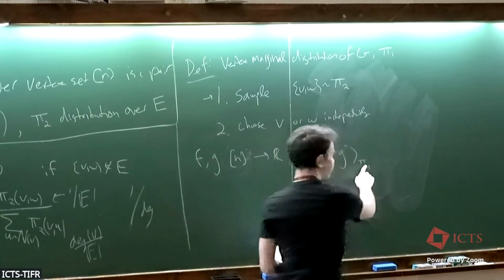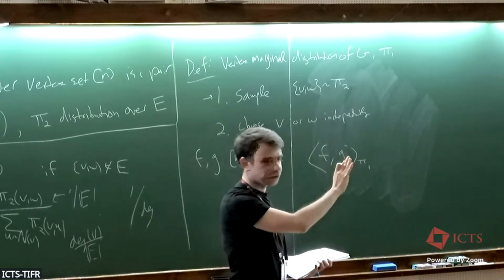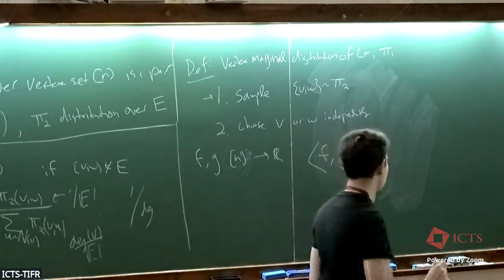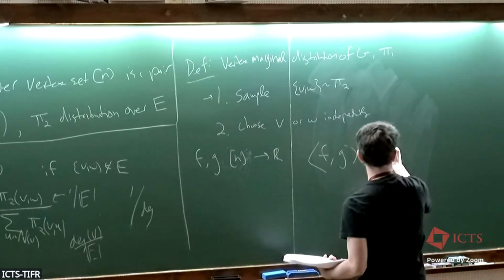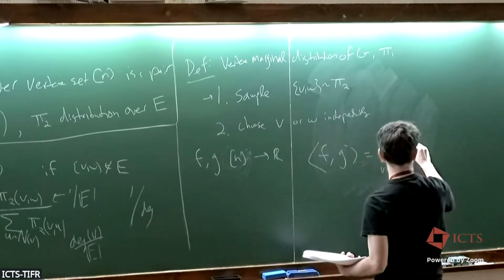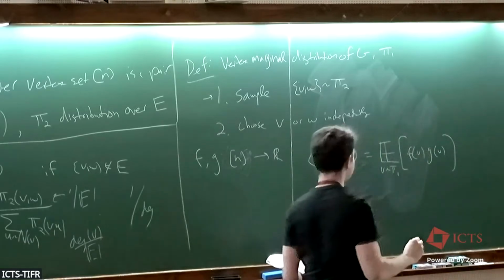Technically this is over pi1, but we're always going to be over these well-defined marginal distributions, so it should always be clear what the inner product is. This is just the expectation over v drawn from pi1 of f of v times g of v.